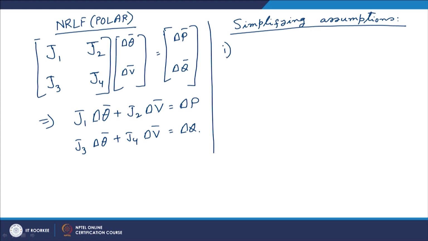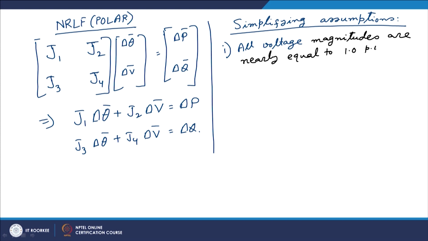The first assumption is that all voltage magnitudes are nearly equal to 1.0 per unit, that is, all Vi is roughly 1.0 per unit.